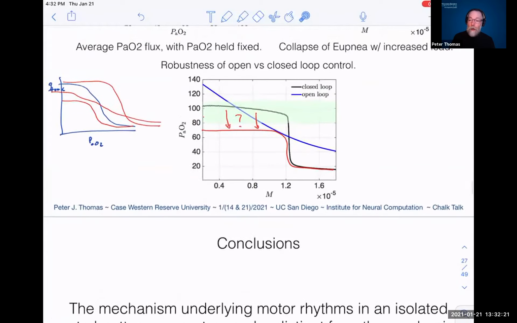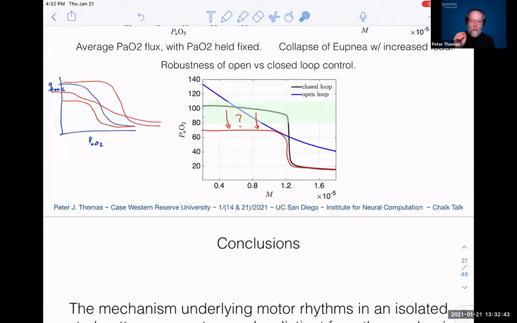This model doesn't do anything about sighing or augmented breathing yet either, which is something that I mentioned at the beginning that we're interested in understanding. There might be a connection with deep breathing. Some of the more sophisticated models that were published about the same time, which are based more on CO2 sensing, use more than one respiratory area.